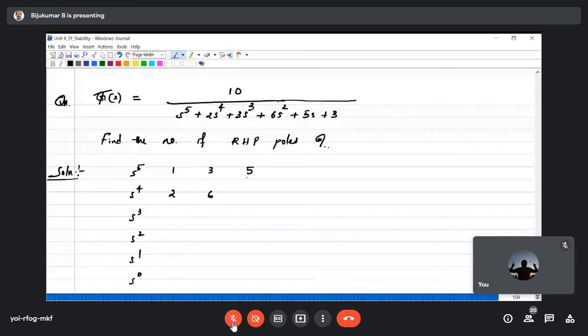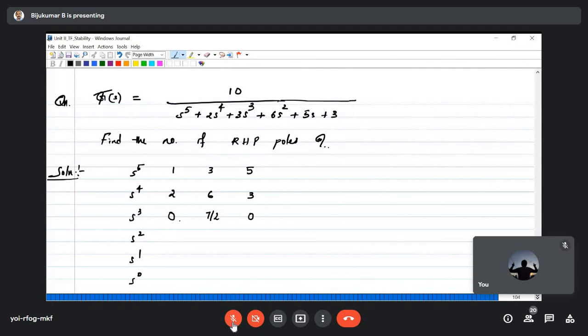So the first element becomes 6 minus 6, this becomes 0. And this becomes 10 minus 3 by 2, so it's 7 by 2. Since there is no element after, we can put it as 0. And what about this? 0 minus 7 by 0.